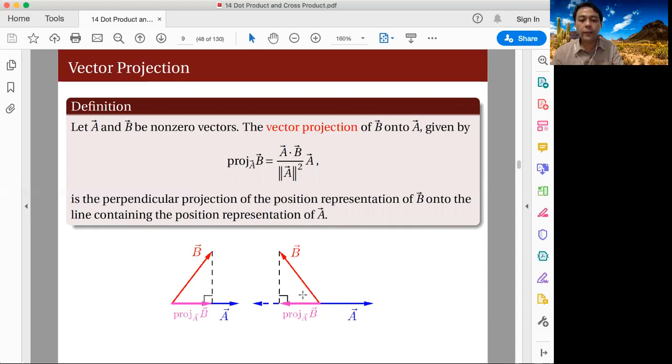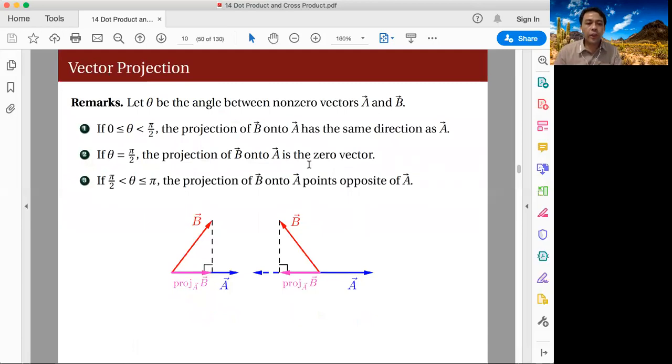And otherwise, if the two vectors form an angle which is obtuse or greater than 90, then the projection will be on the other side or on the reverse direction of A. Now, we want to emphasize that the projection is parallel to A. Okay, and that's why in the definition itself, we see the scalar, which is the dot product over the magnitude squared. So this expression here is just a real number times the vector A. So the projection is parallel to the vector A.